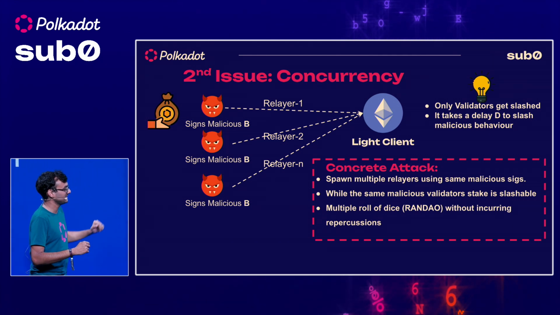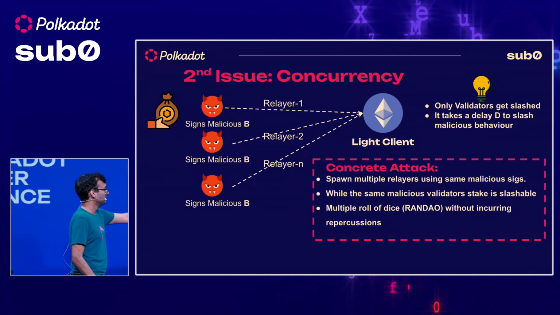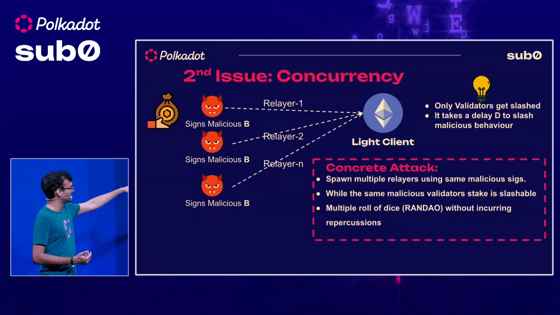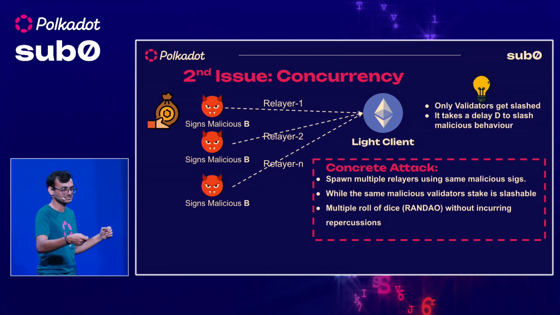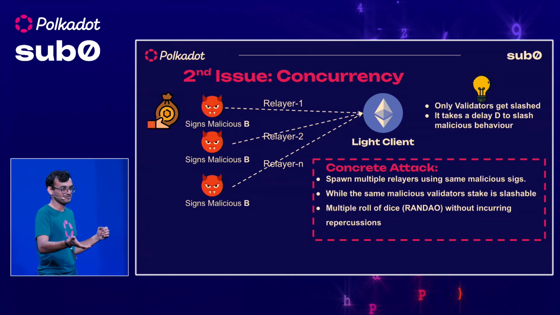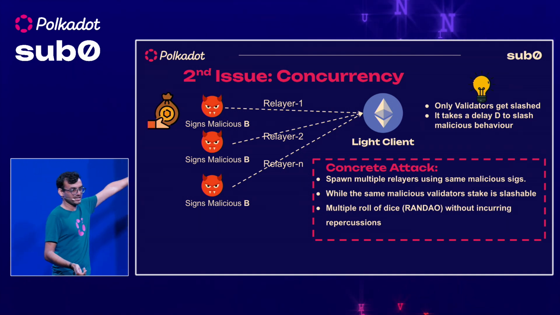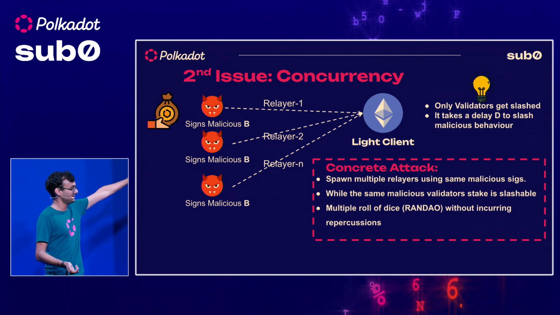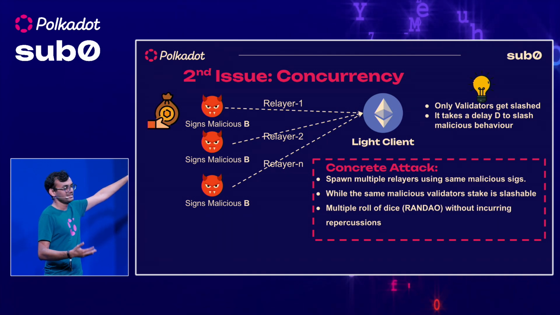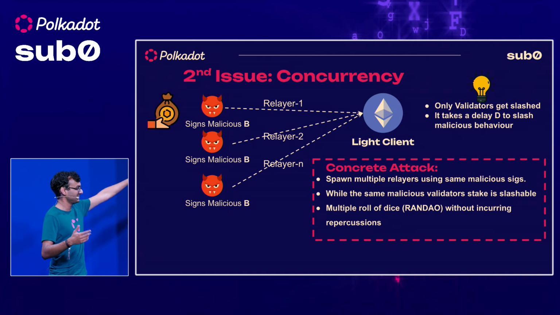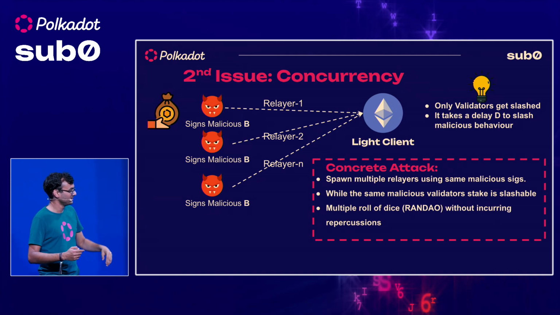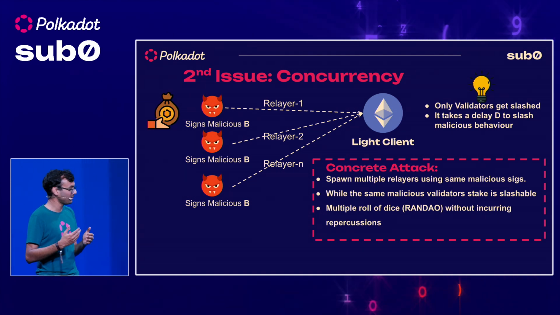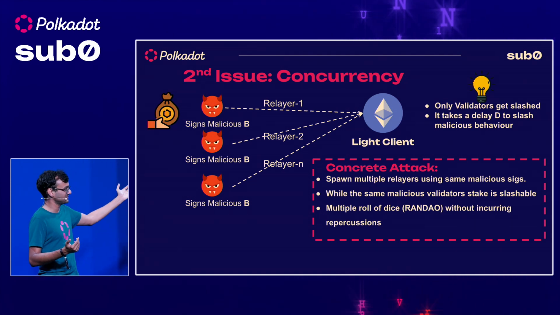So basically the validator is getting multiple rolls at the dice, multiple chances of looking for a favorable randomness, but it's the same stake that is under the possibility of being slashed. So he can roll multiple dice without incurring extra repercussions.